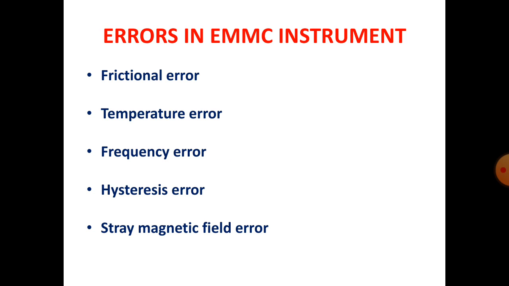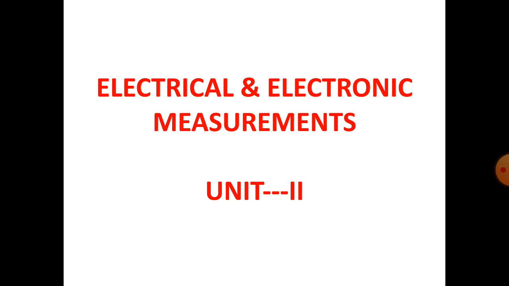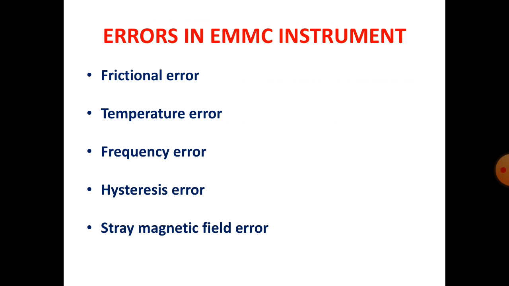Next, frequency error. This error is present in the case of dynamometer type instrument, which cannot be eliminated but can be reduced by connecting an inductance in shunt to the basic instrument, which is in series with the low value resistance RSH in the case of an ammeter.